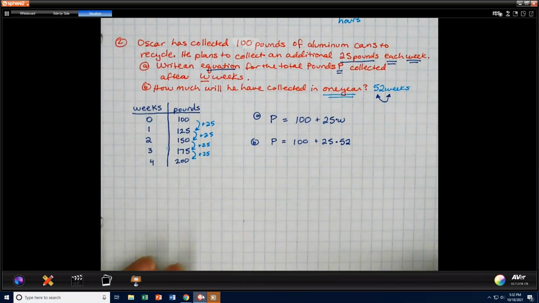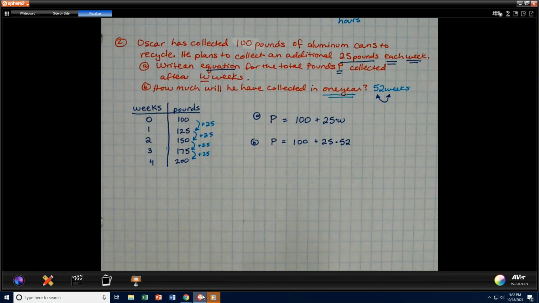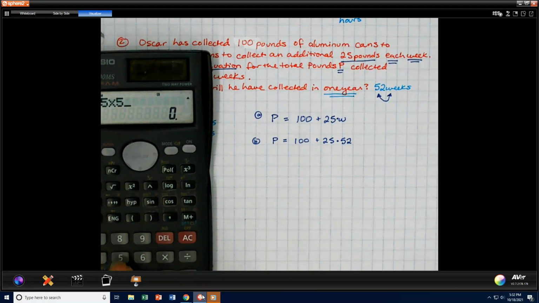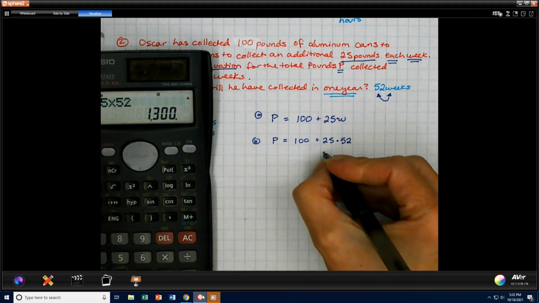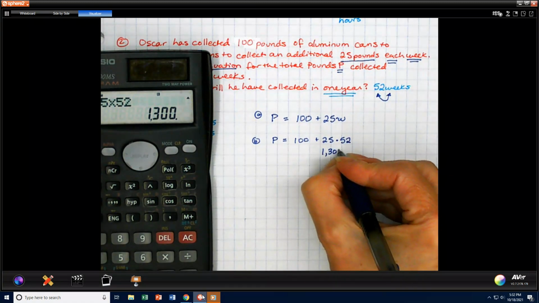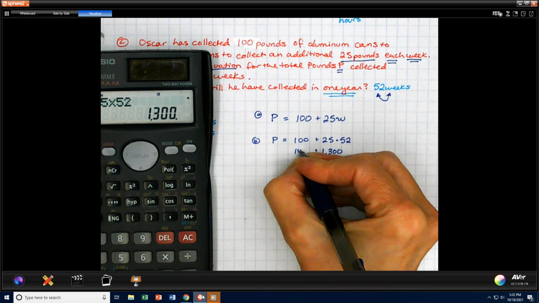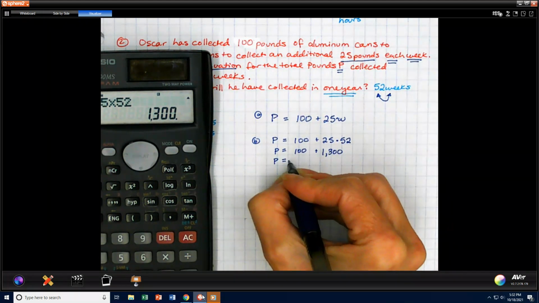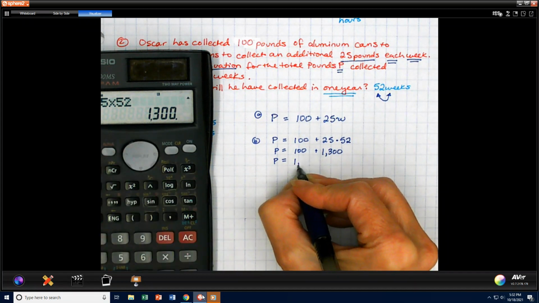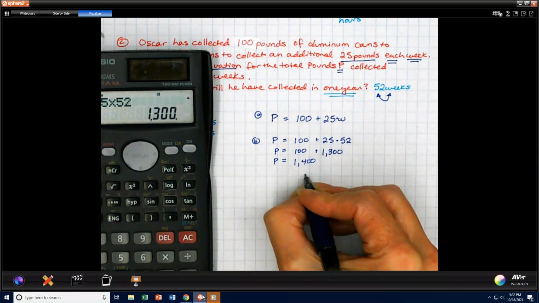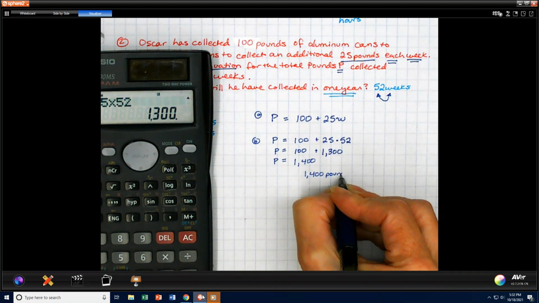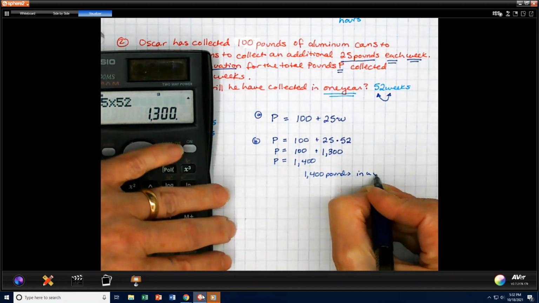And for that, you want to use a calculator. 25 times 52 is 1,300 plus that initial 100 pounds. So his total pounds collected in 1 year will be 1,400. So 1,400 pounds in a year.